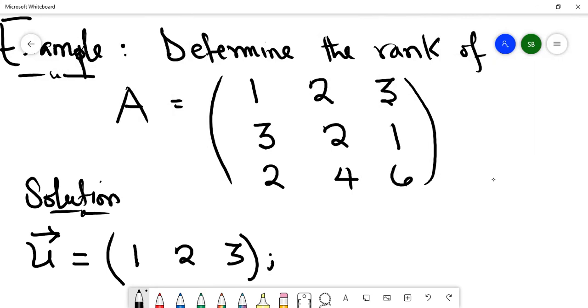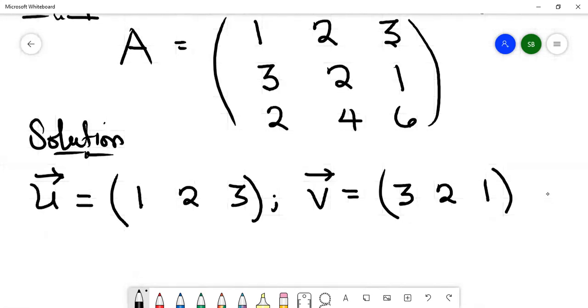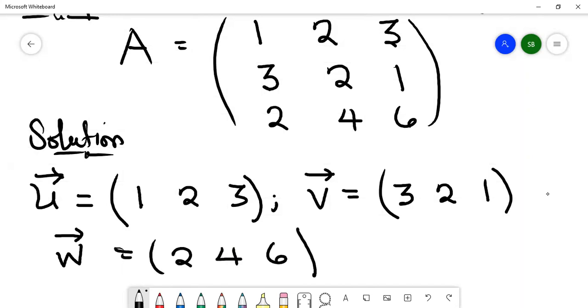Then the second row, I will use the symbol V. I write 3, 2, 1. That is the second row. And you can guess what the third row will be. Let's use W, which will become 2, 4, 6.